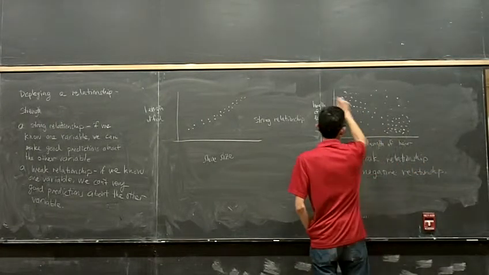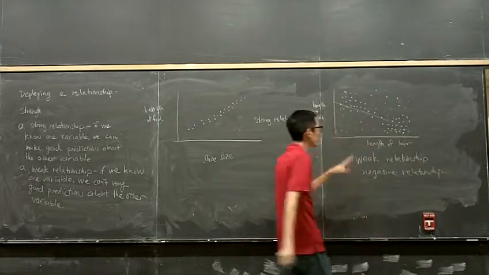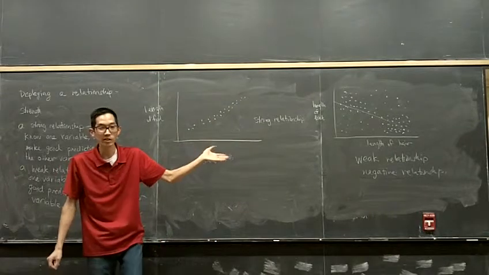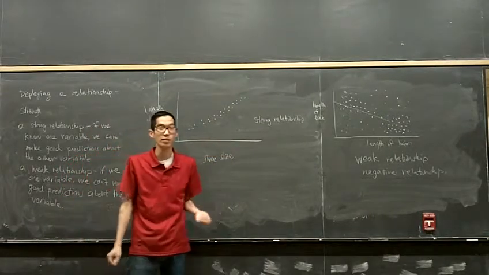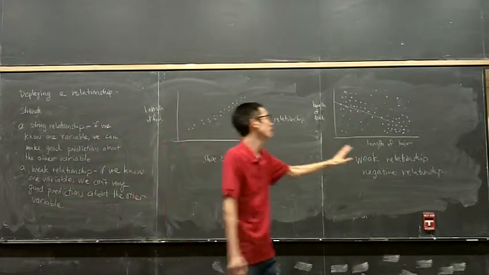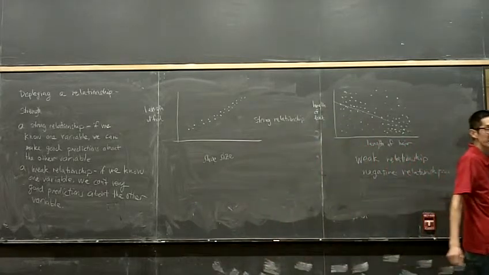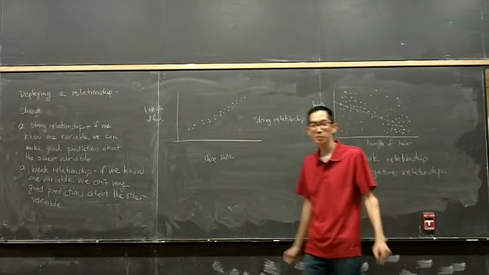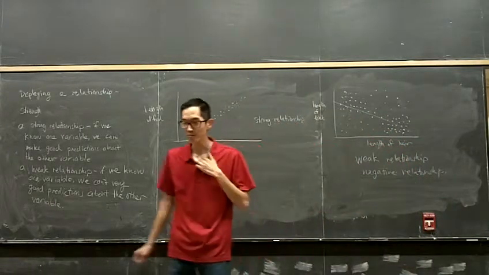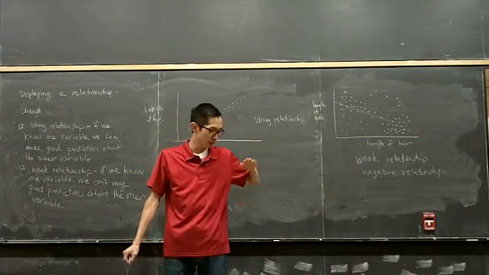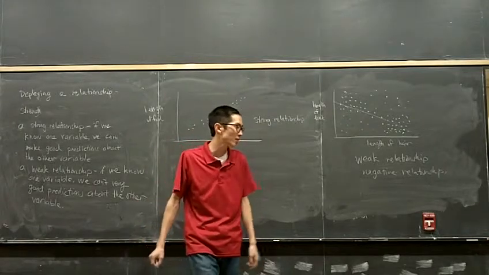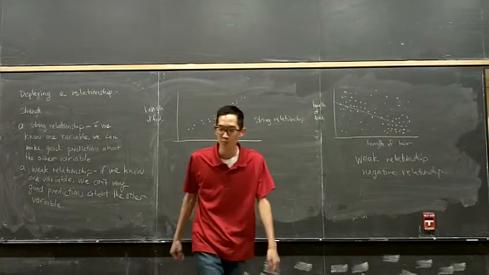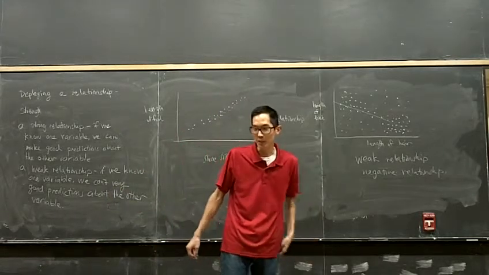Okay, so the overall trend might look something like this, but how good are your predictions going to be? Not very good, right? Let's say I have someone behind this door here, okay? And this person's hair is long. It goes past this person's shoulders, okay? Maybe about mid-chest or middle of their back.